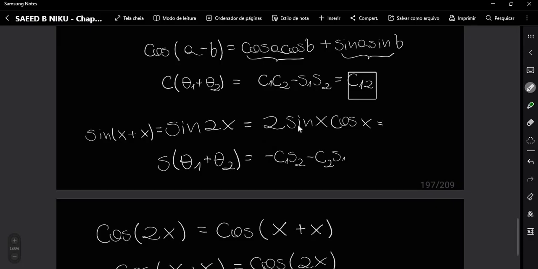And again, this can also be written as sine times cosine plus sine times cosine, so 2 sine x times cosine of x.